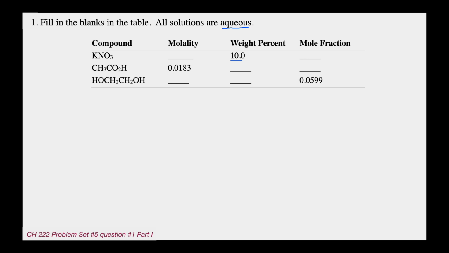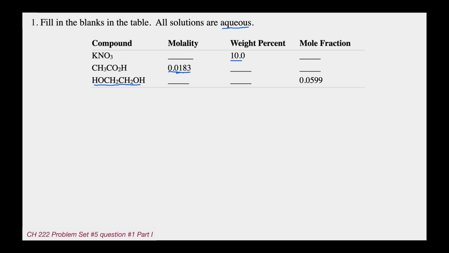The second one, CH3CO2H, that's acetic acid, and we're starting in this problem with a molality. So we've got acetic acid in water, and we want to take that molality and turn it into weight percent and mole fraction. And the third row, the third part of this problem, this compound here is called ethylene glycol.